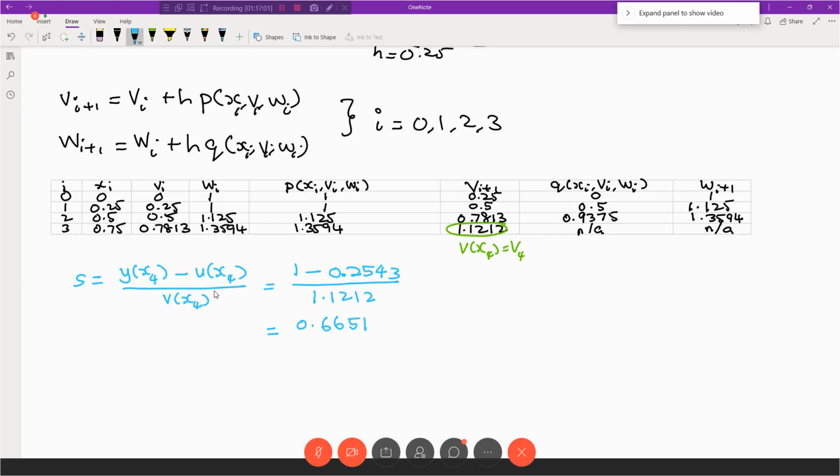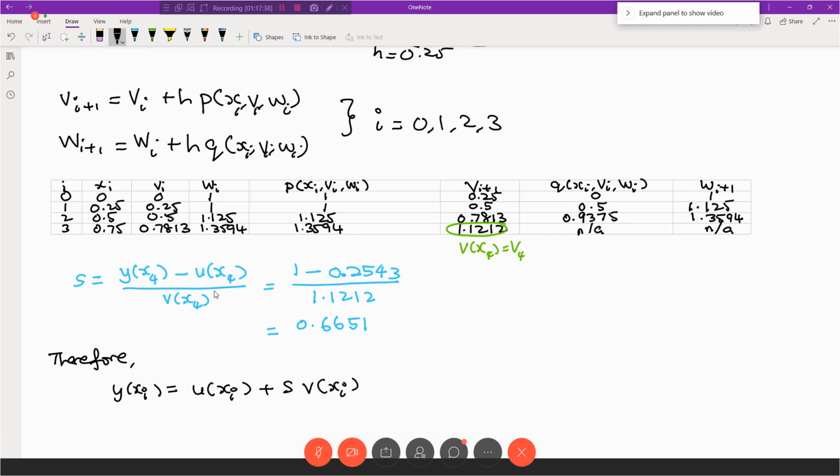Therefore, we know that y xi equal to u xi plus s v xi.